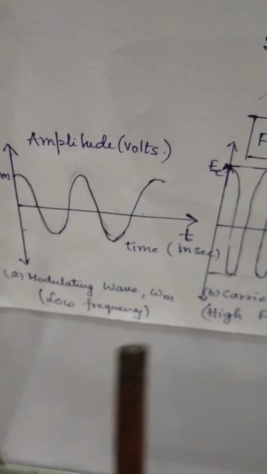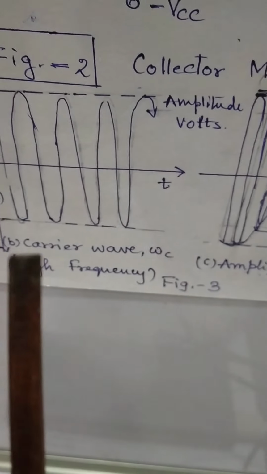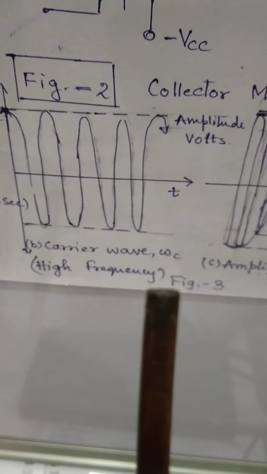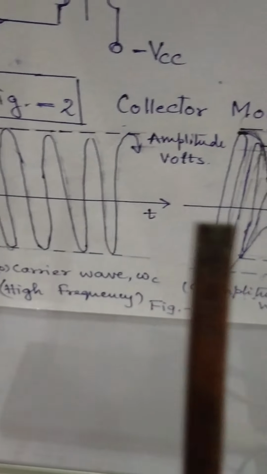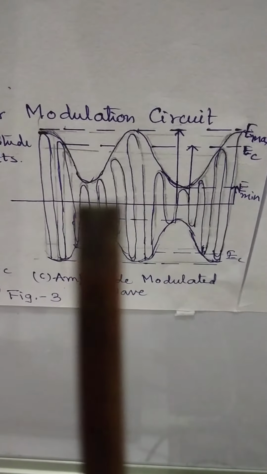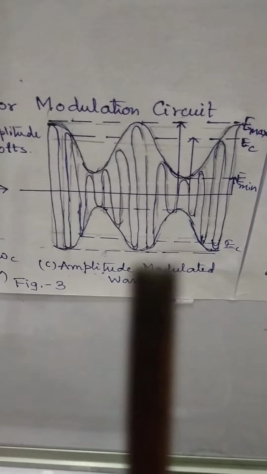It varies like this, that is, low frequency. The second one shows the carrier wave omega c, which is of high frequency, and EC denotes the voltage, and this is the EC versus t graph. The third one shows the amplitude modulated wave. So this is the whole diagram for the amplitude modulated wave.